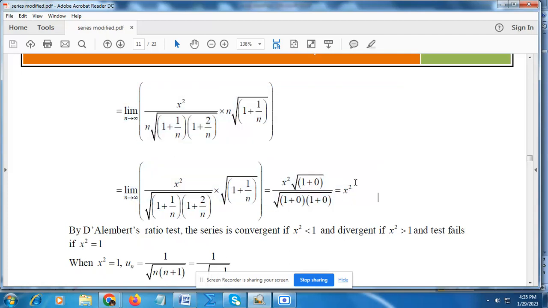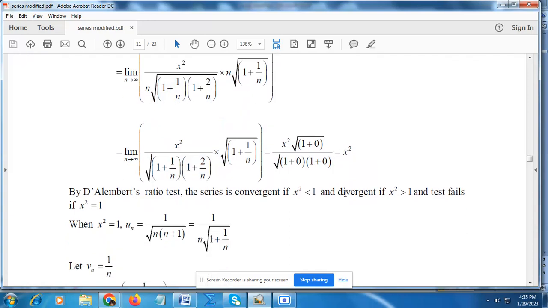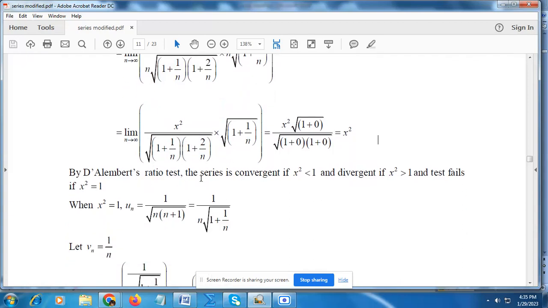According to D'Alembert's ratio test, if limit un plus 1 by un is less than 1, convergent; greater than 1, divergent; equal to 1, test fails. So by D'Alembert's ratio test, the series is convergent if x square is less than 1 and divergent if x square is greater than 1, and the test fails if x square is equal to 1.